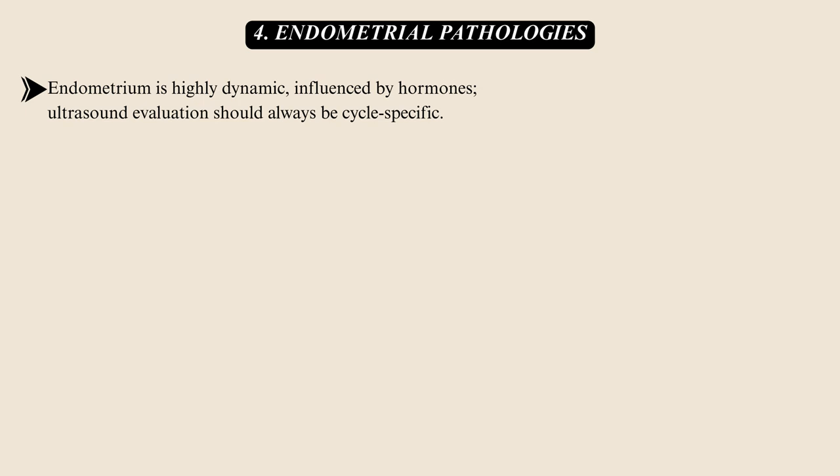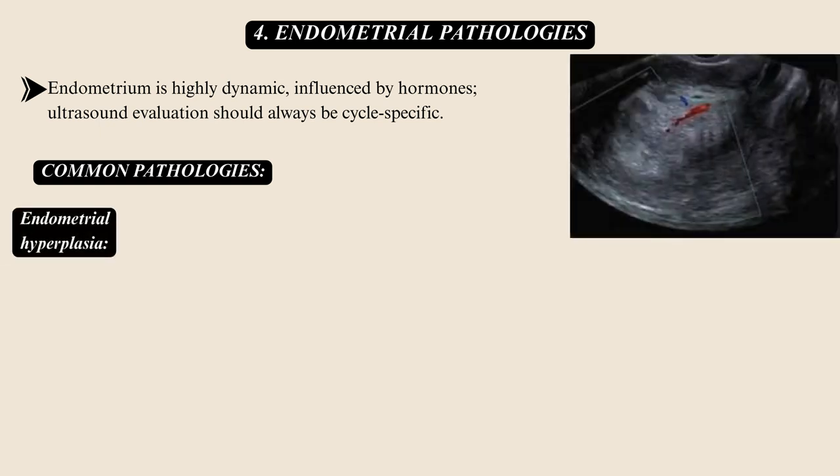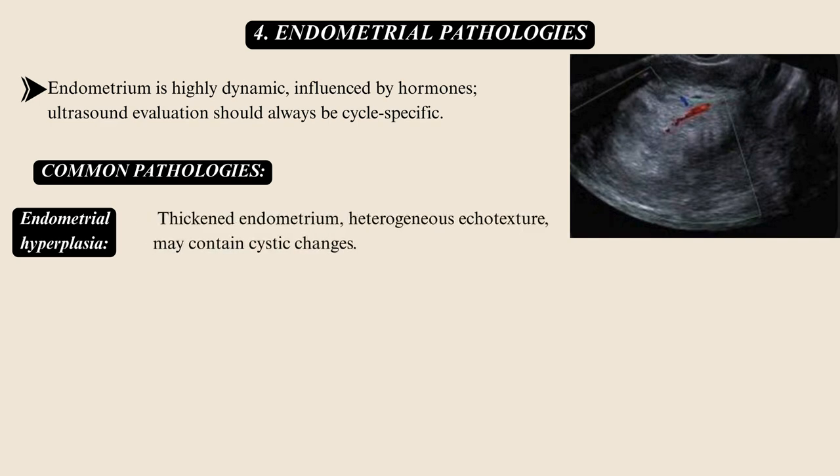Endometrial pathologies. Endometrium is highly dynamic, influenced by hormones. Ultrasound evaluation should always be cycle specific. Common pathologies of endometrium are endometrial hyperplasia, which is thickened endometrium, heterogeneous echotexture, and it may contain cystic changes.